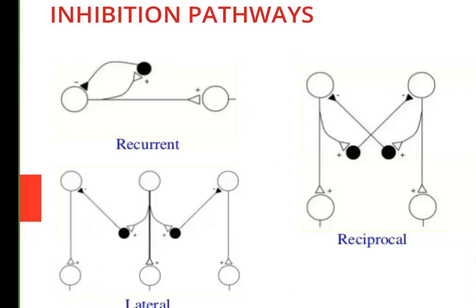With the help of recurrent inhibition, even if signals come to the muscles, these signals will be blocked when neurons stop producing action potentials and start blocking themselves. This gives time for muscles, time for recovering, time for relaxing.